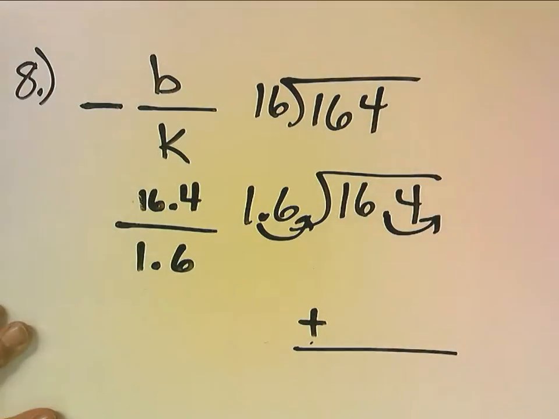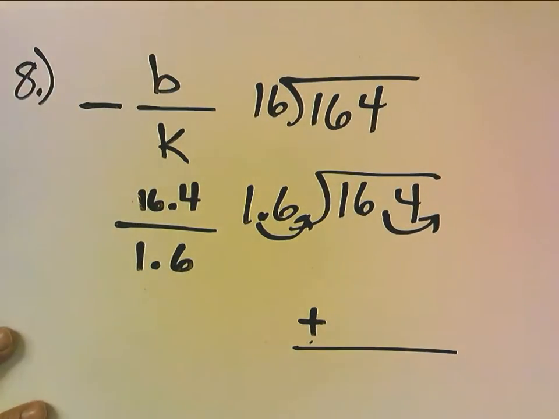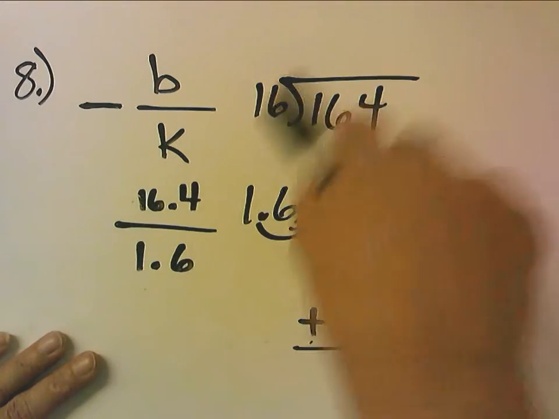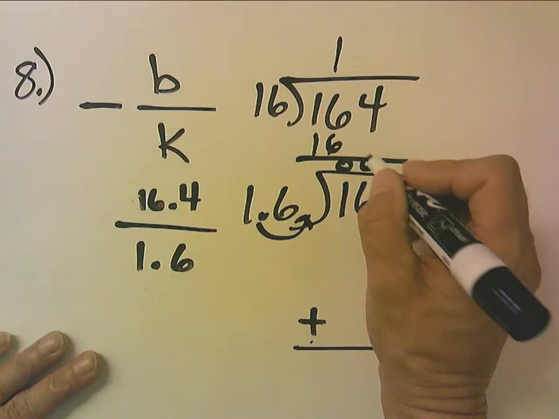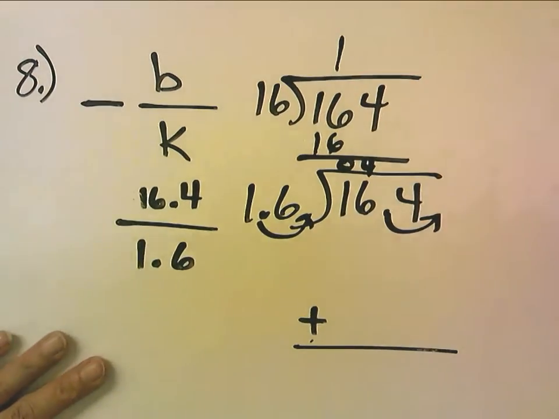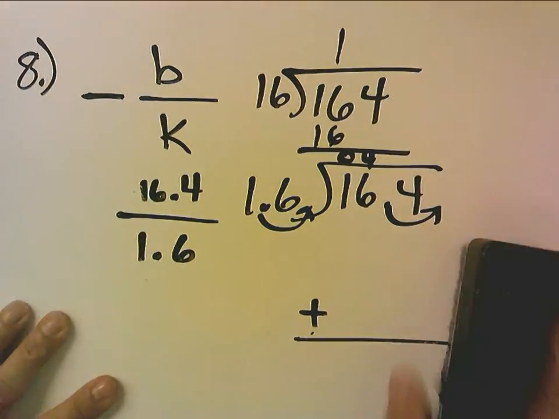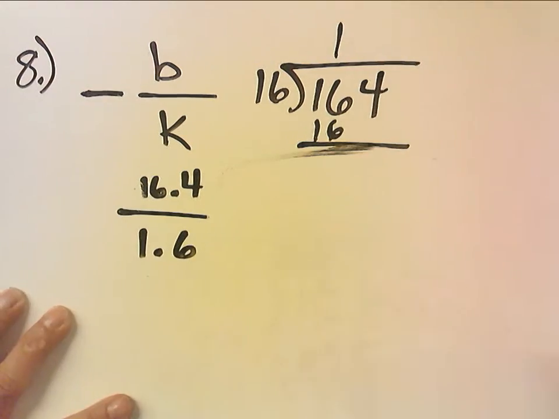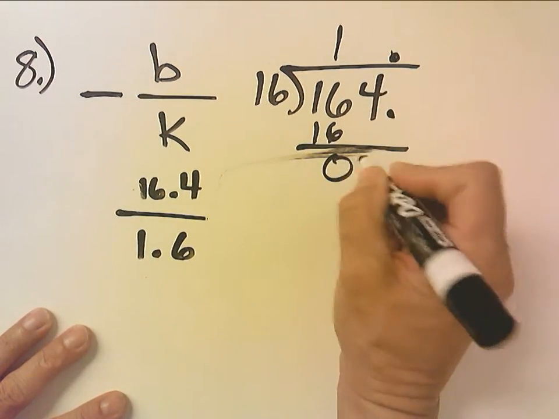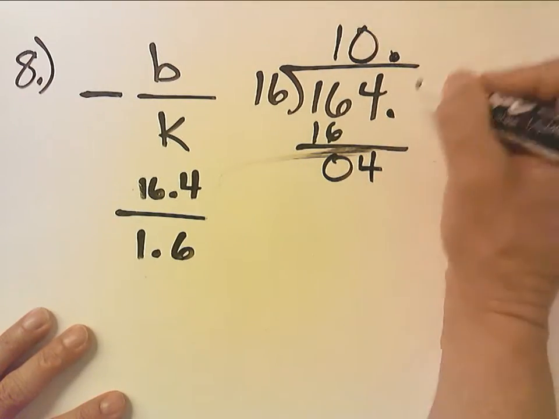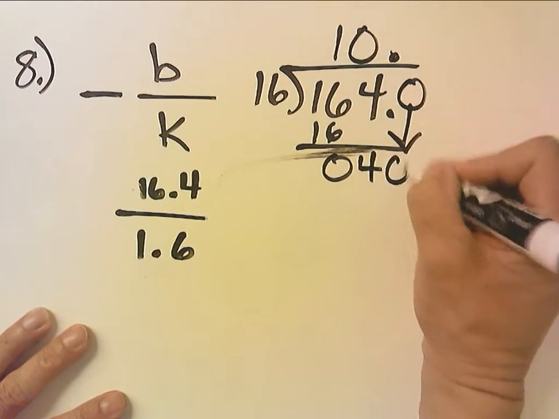164 divided by 16. 16 goes into 16 once. I have 4 remaining. Now, 16 does not go into 4. So I have to put a 0, bring down another.